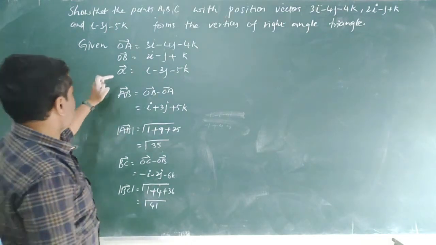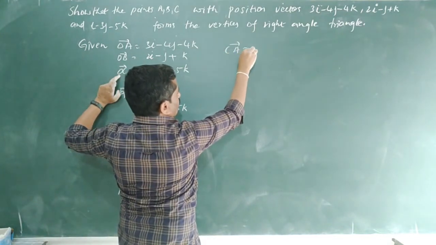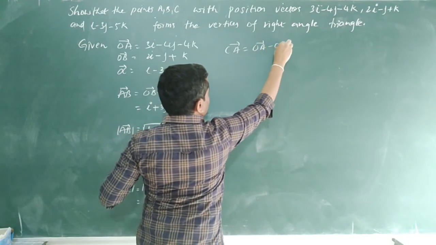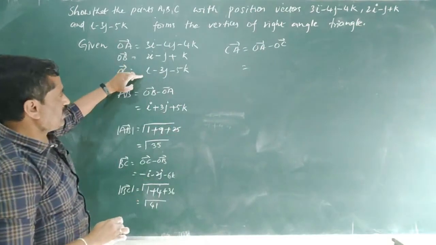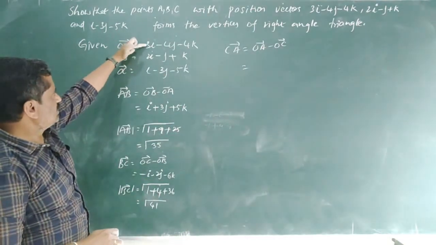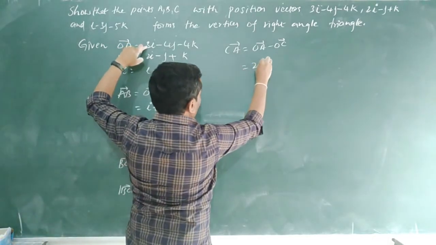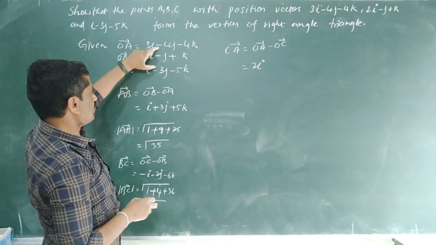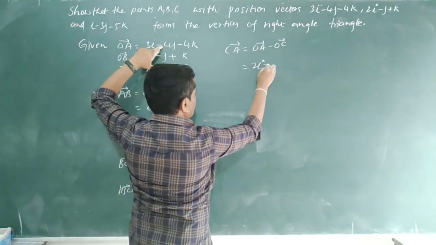Next we need to find CA bar, which is equal to OA bar minus OC bar. This minus this, 3 minus 1, we have 2i. Again minus 4, minus of minus becomes plus, minus 4 plus 3, we have minus j.